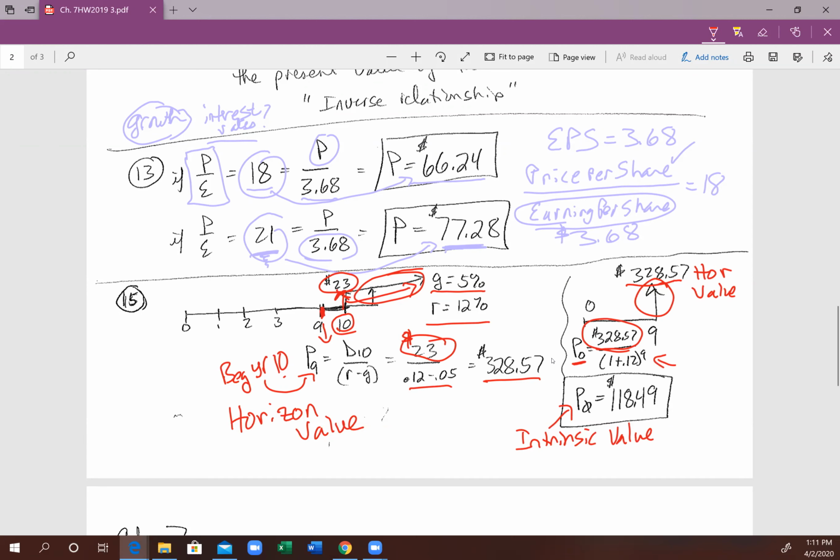So if you take 328.57 and divide it by 1.12 to the 9th, you get 118.49. Or if you want to use your fancy calculator, it'll do those calculations for you. Just put in 328.57 as the future value with no payment for 9 years at 12% interest. Solve for the present value. Basically the inputs on the calculator are doing that mathematical formula.